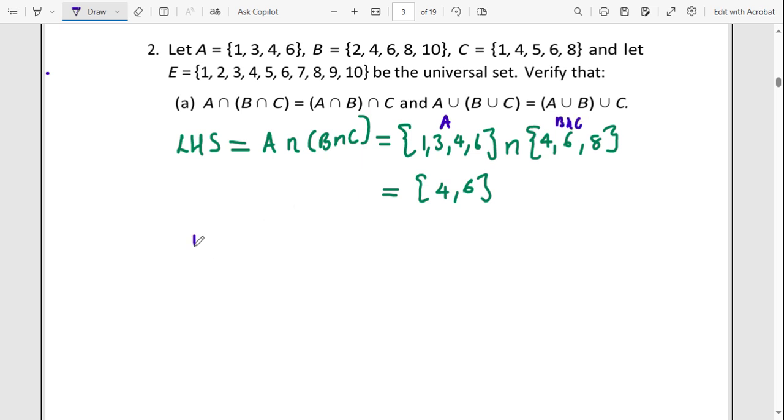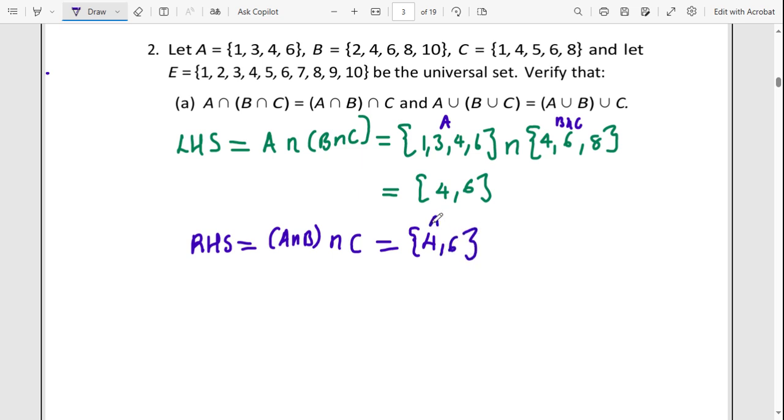And then you go to the right hand side. For the right hand side, it is A intersection B intersection C. So let's start with the A intersection B. What is common between A and B? So in A, okay, 1 is not common, 2 is not common, 3 is not common, 4 is common, and 6 is common.